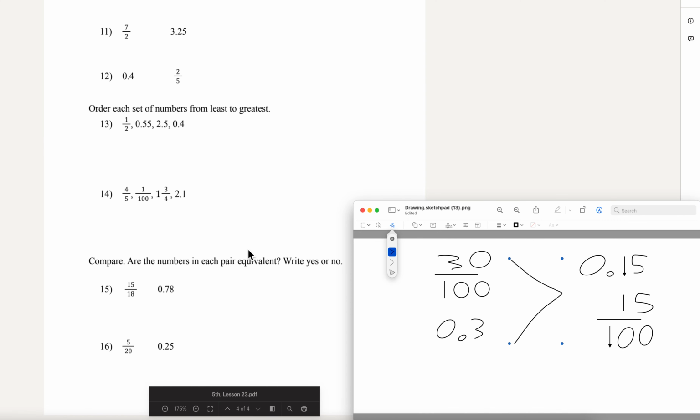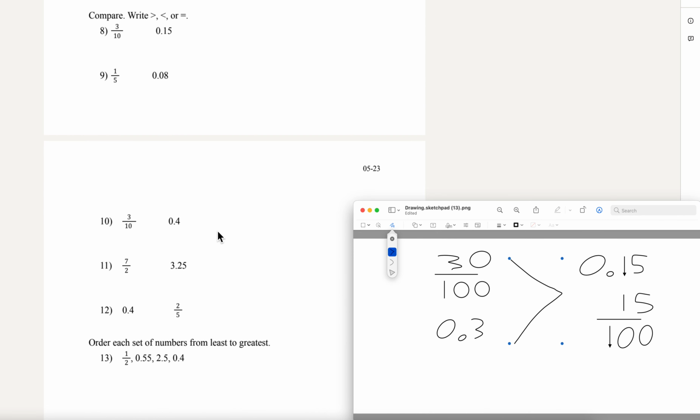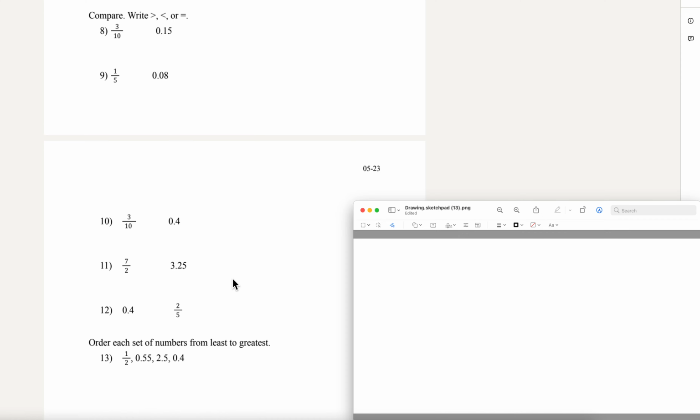Okay. Here, I'll do number 9. So it's 1 over 5 and 0.08. That's not how you do it.